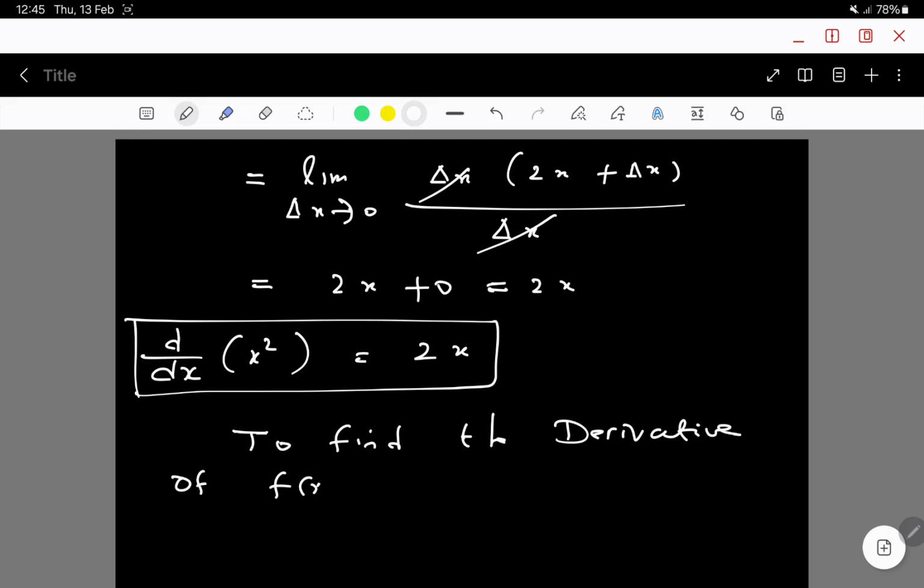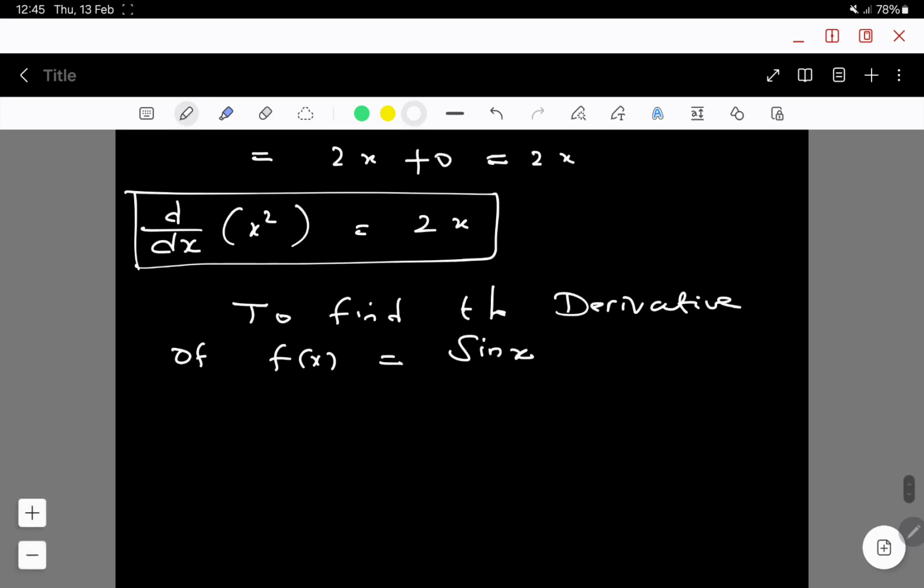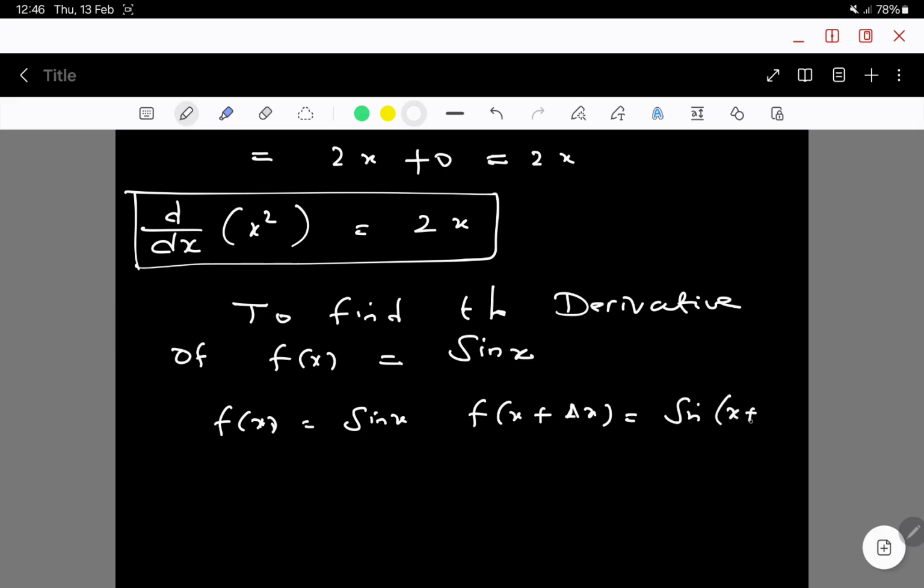Sin x is one of the trigonometrical functions. Now take f of x equal to sin x. f of x plus delta x equals sin of x plus delta x.